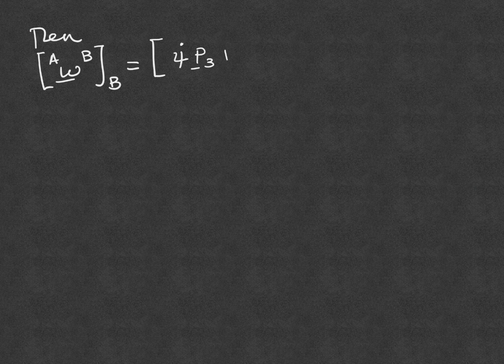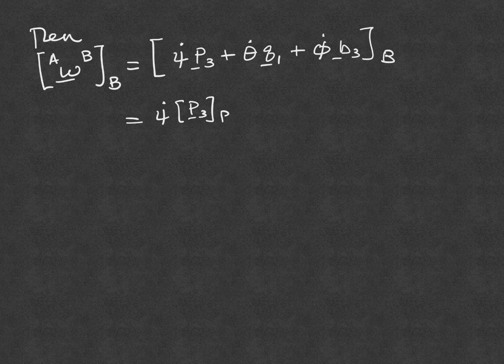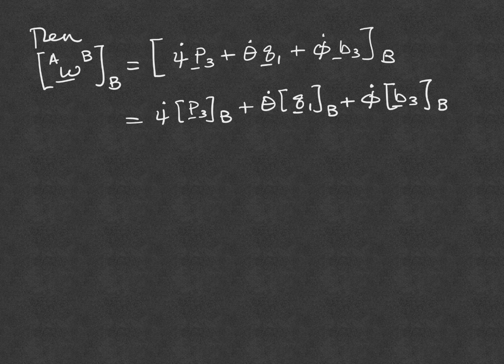So then, the angular velocity of B in A expressed in coordinates fixed in B is equal to psi dot times P3 plus theta dot times Q1 plus phi dot times B3, the whole thing expressed in B, which is equal to psi dot times P3 expressed in B plus theta dot times Q1 expressed in B plus phi dot times B3 expressed in B.